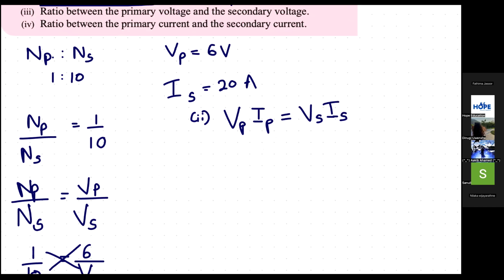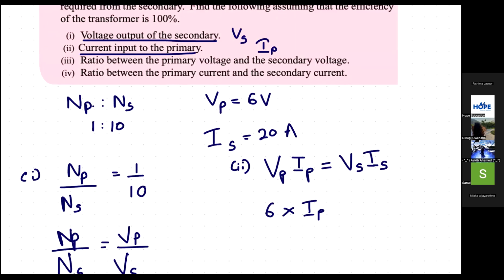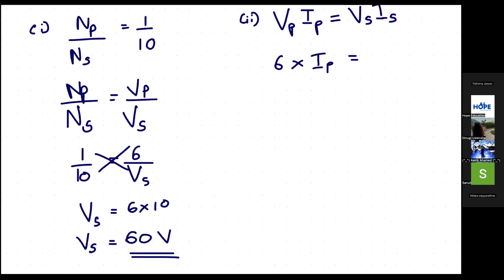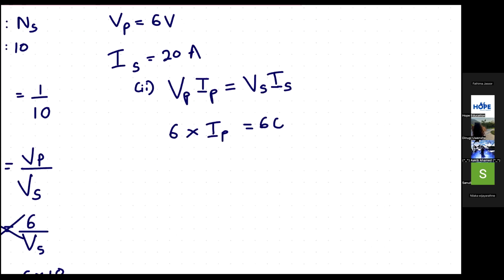VP is 6 volts. IP is not known, IP is what they're asking. Then VS is what we found here, 60 volt. IS is given here as 20 amperes.